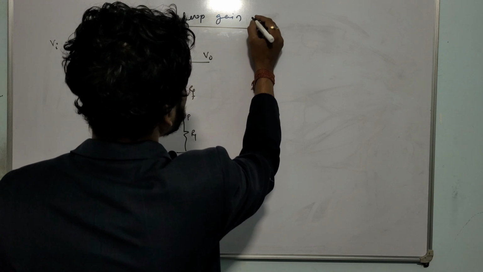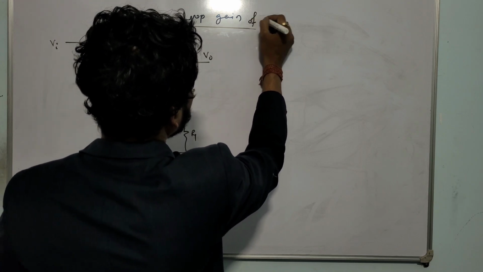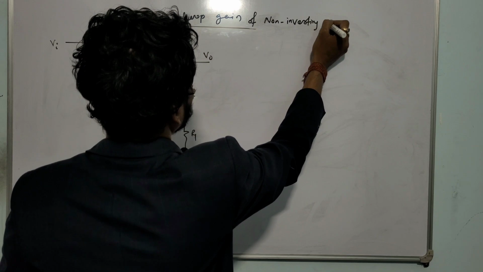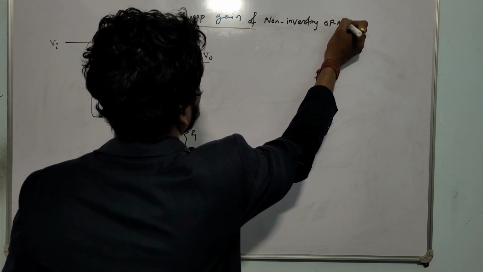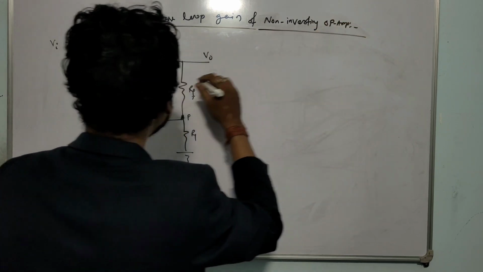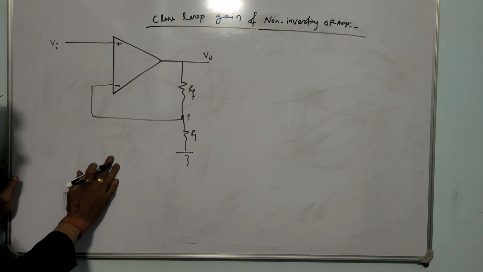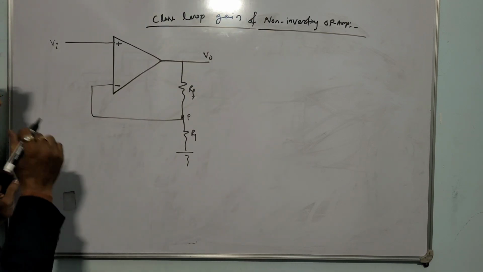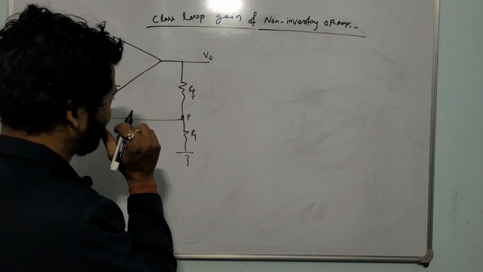Now we'll discuss closed loop gain of non-inverting OPAMP. This is the diagram, the circuit diagram of the non-inverting OPAMP. So we'll have to find out the closed loop gain. How? See, it's very easy.